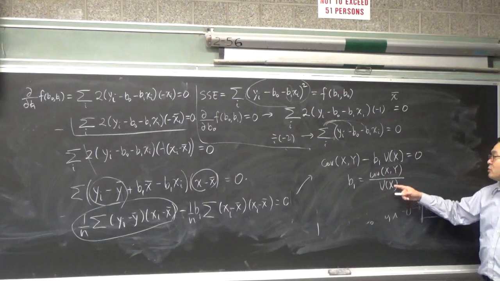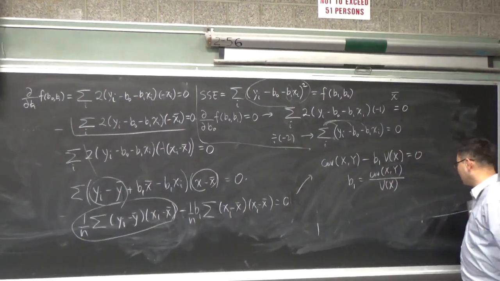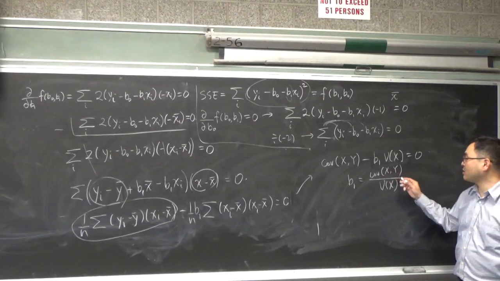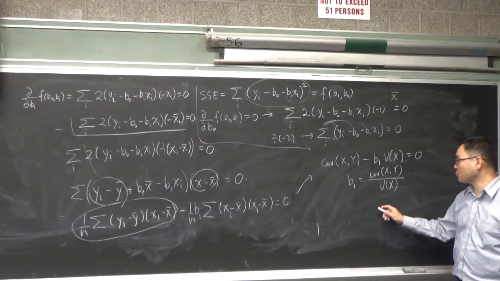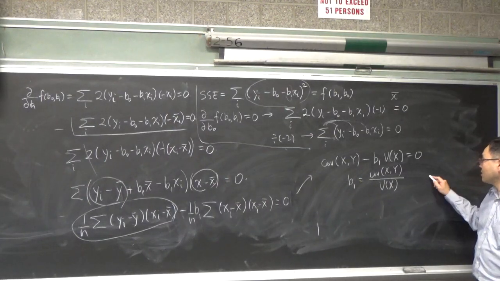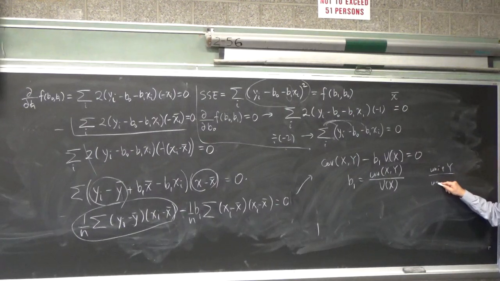Okay? And if you actually check, the units check out. See, this is the units of x times units of y divided by units of x squared. So this will be the unit of y divided by unit of x.